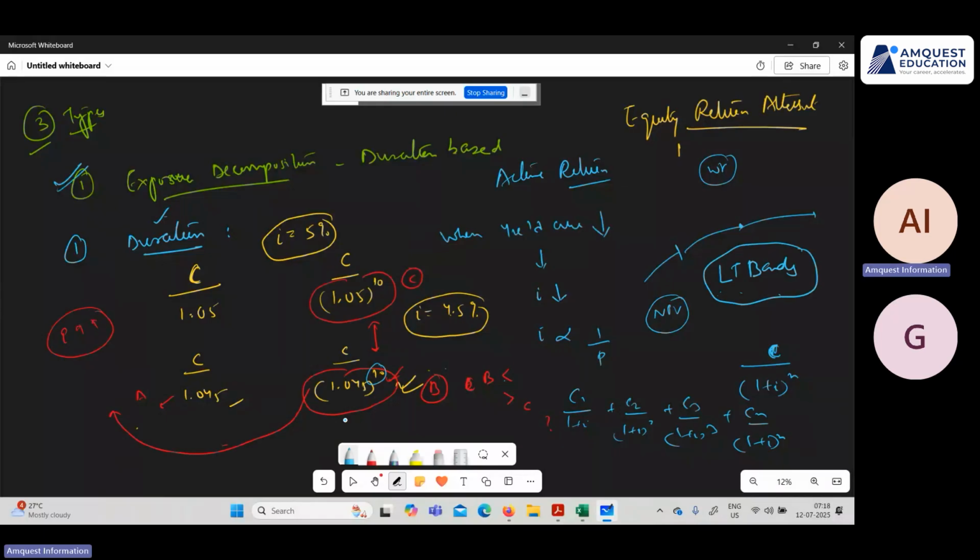So a small reduction in the interest rate will have a huge change in the price, and hence buying a long-term bond, if I think that the interest rates are going to go down, would lead me to profits.